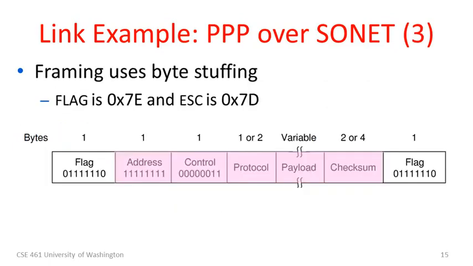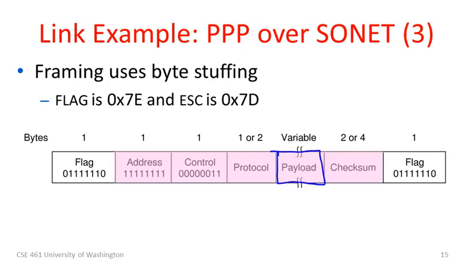If we focus on the PPP bit, since that's our focus for this video, then we find that PPP frames the packets it gets from the IP layer using byte stuffing, in a way that's quite similar to what we've described. Here's a picture of the frame. The payload is what comes down from the IP layer.